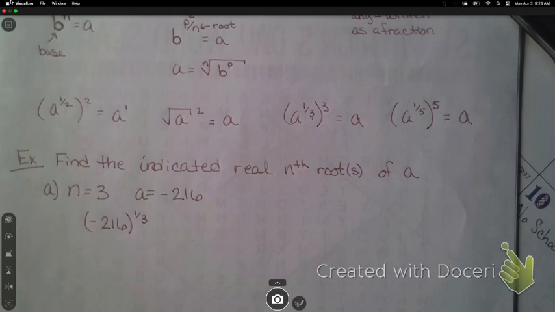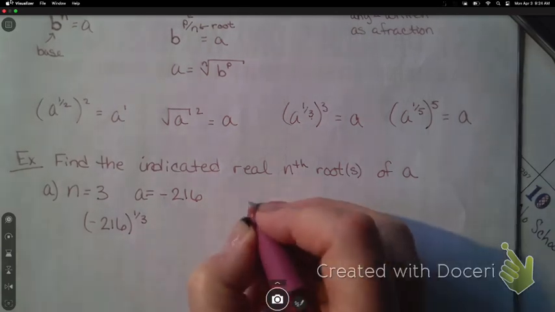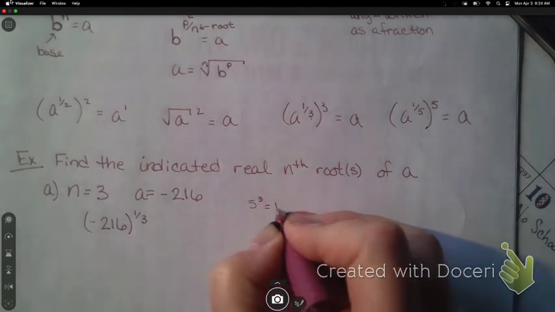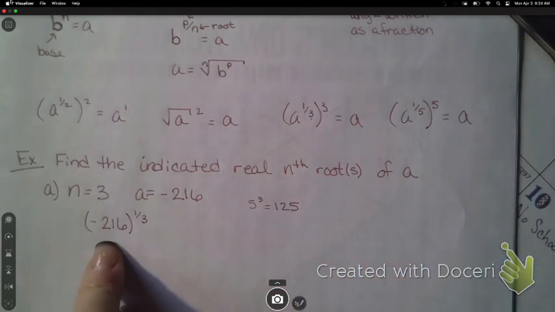Well, 14 squared is 196, so 14 cubed isn't going to be 216. If 5 cubed is 125, is that very far away from 216?